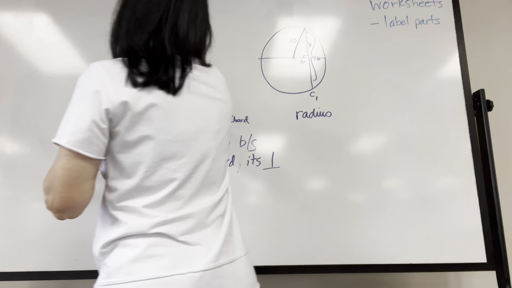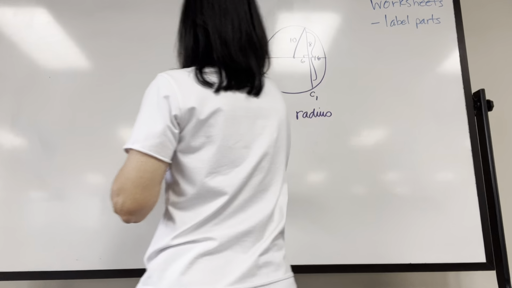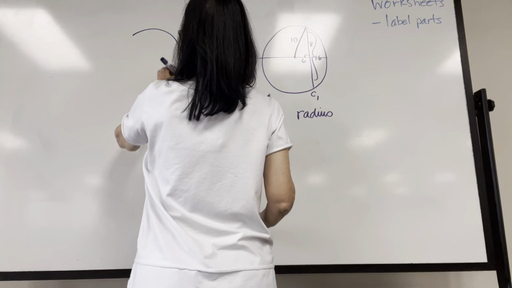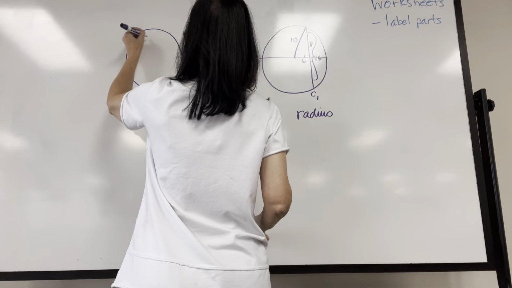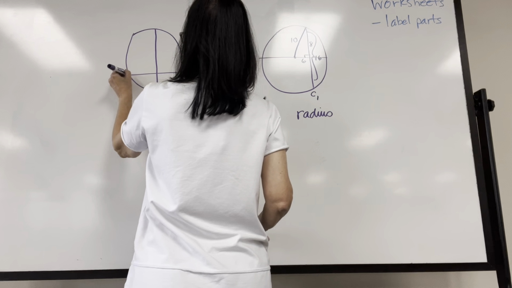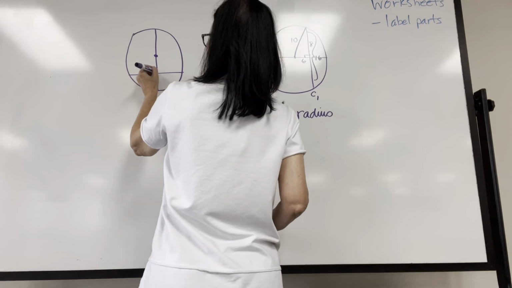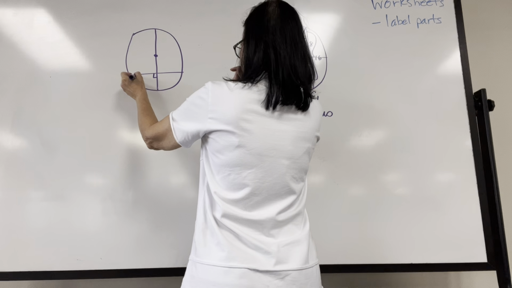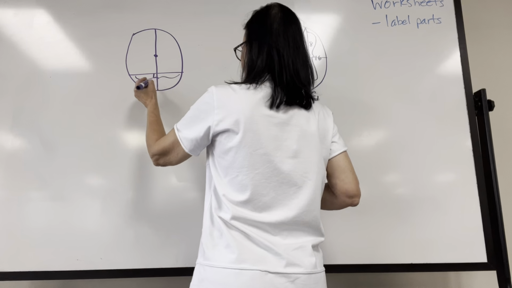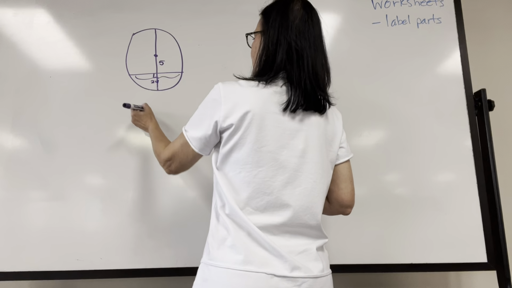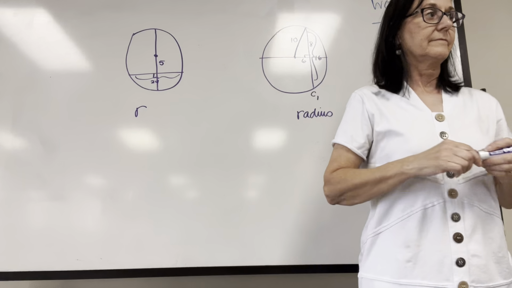All right, we'll do one more. What if I have, that's a loopy circle. I'll put the little thing down here. And let's say this length is 24, and that is 5. What's the length of the radius?